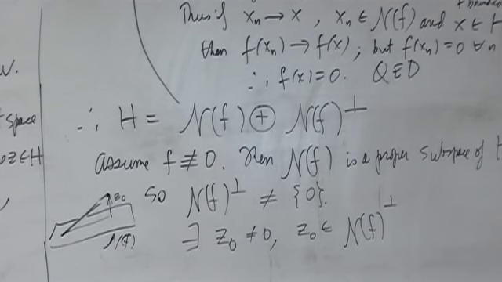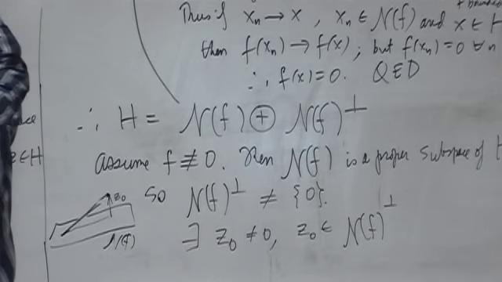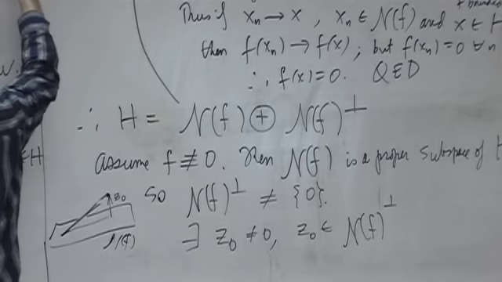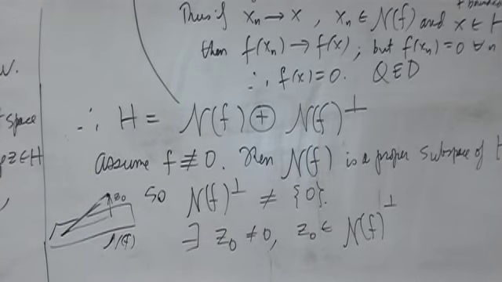For every x in H, write an element v, v sub x, in the null space, defined by v sub x equals f of x times z naught minus f of z naught times x.